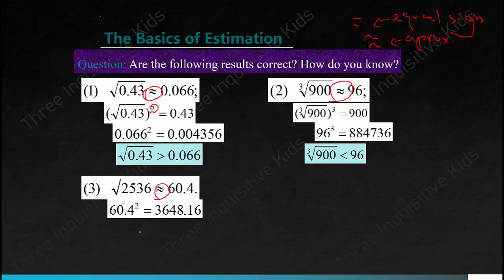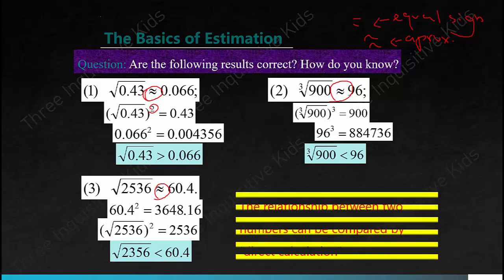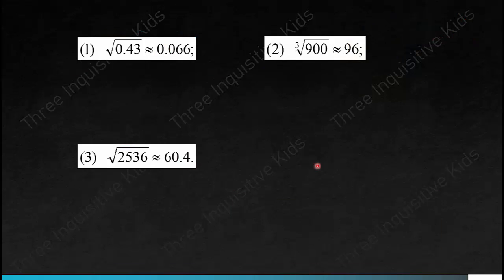So 60.4 squared is 3648.16, and on the left side, if we square it, it's just 2536. So the square root of 2536 is less than 60.4. So the relationship between two numbers can be compared by direct calculation, which means I'm going to cube both sides, or square both sides, and then you can just compare them.